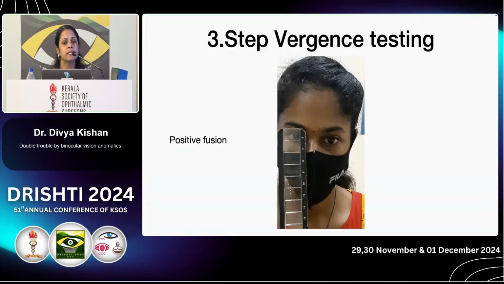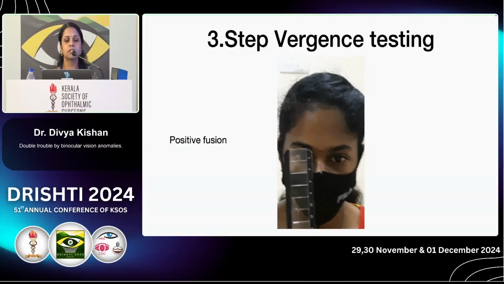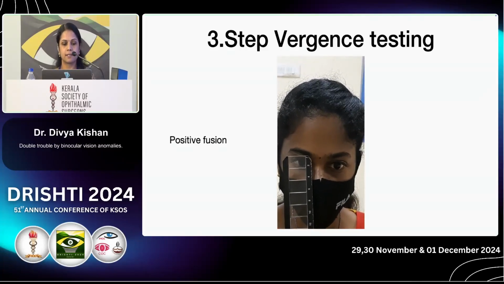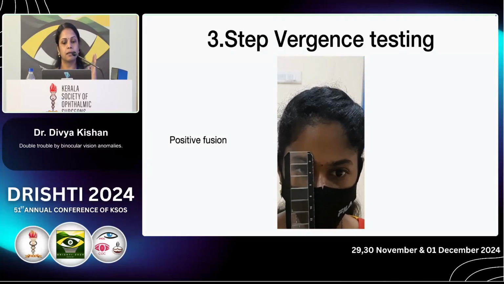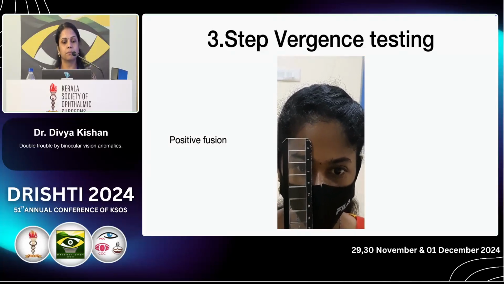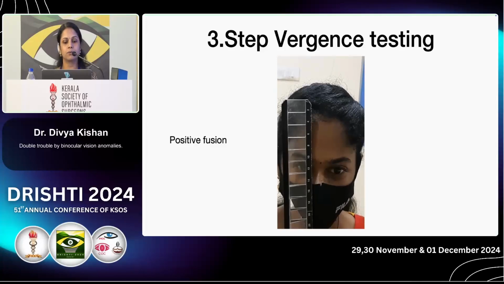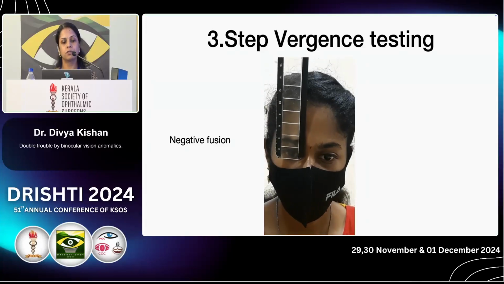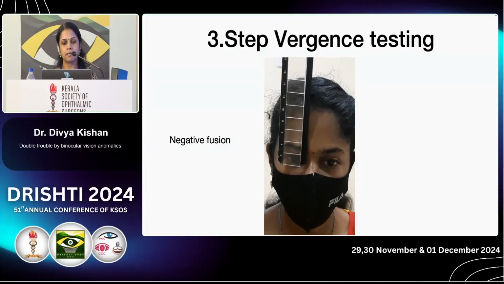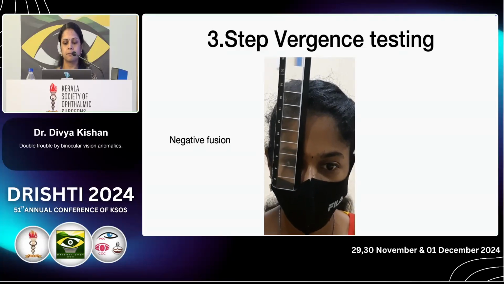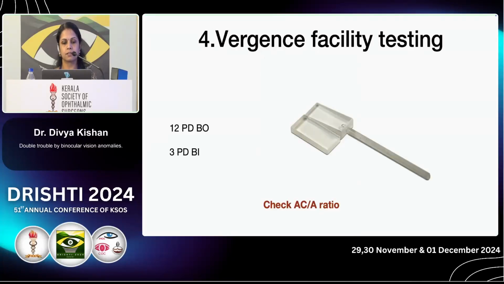The third one would be step vergence testing, where positive fusion and negative fusion are assessed. In positive fusion, a prism bar with base out prisms is placed in front of the eyes, and then the patient is asked to report the first blur and the break values. Likewise, for negative fusion, the base in prisms are placed, and then the first blur and break values are taken.